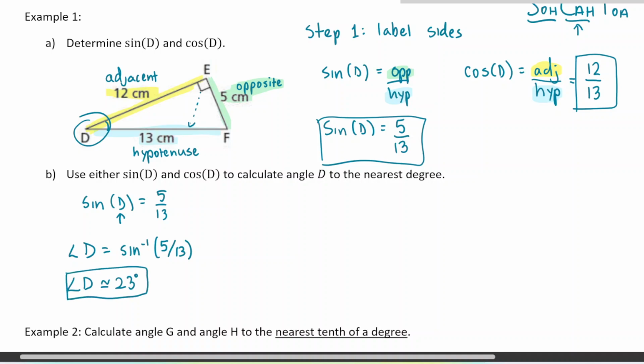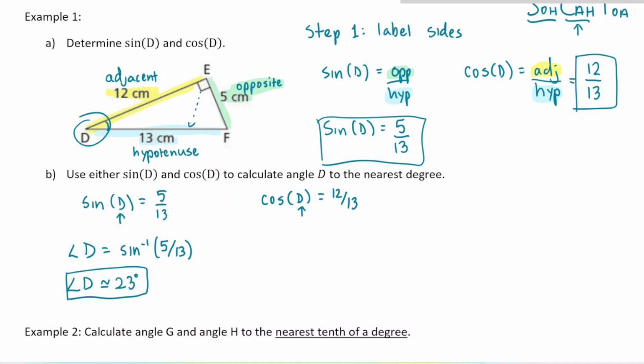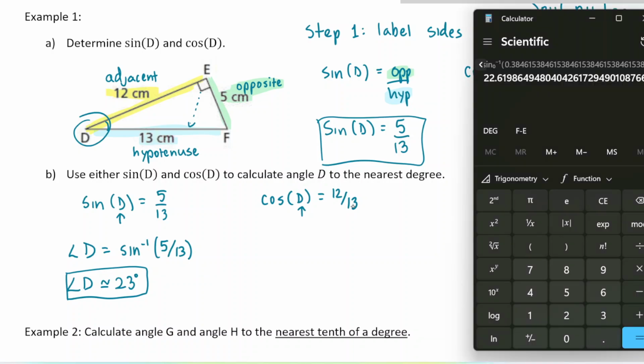I'm going to use the cosine to show you that you would get the exact same answer. So it actually doesn't matter which ratio. You can also use the tangent ratio. You should still get the same answer no matter what. So it's a good way to check your work if you have some extra time on a quiz or something, because sometimes it's easy to type these in wrong in your calculator or make an error that way.